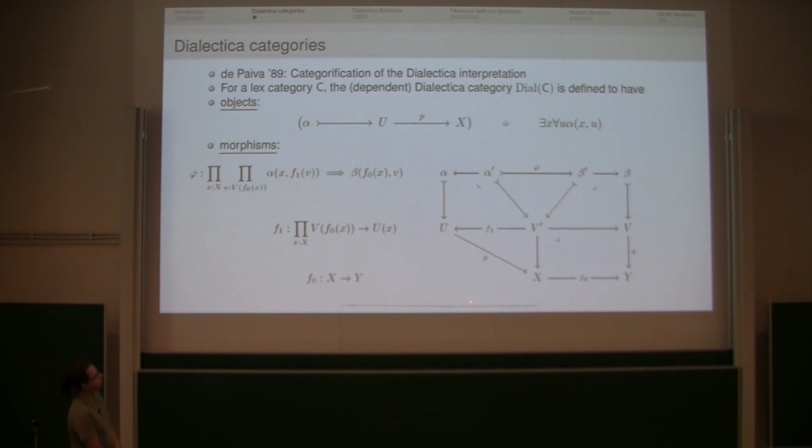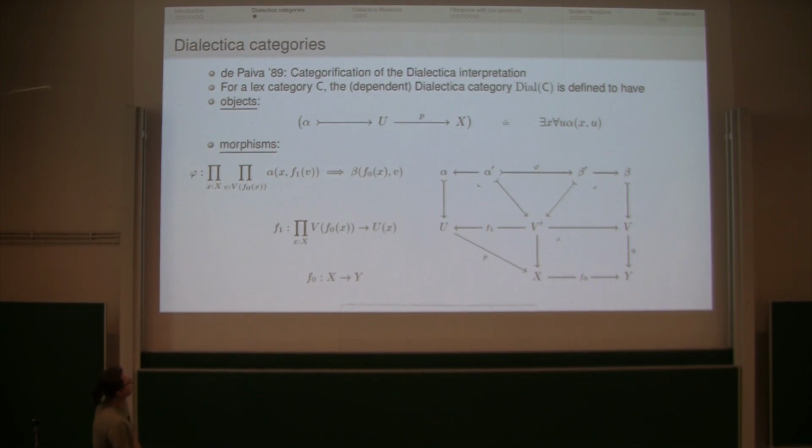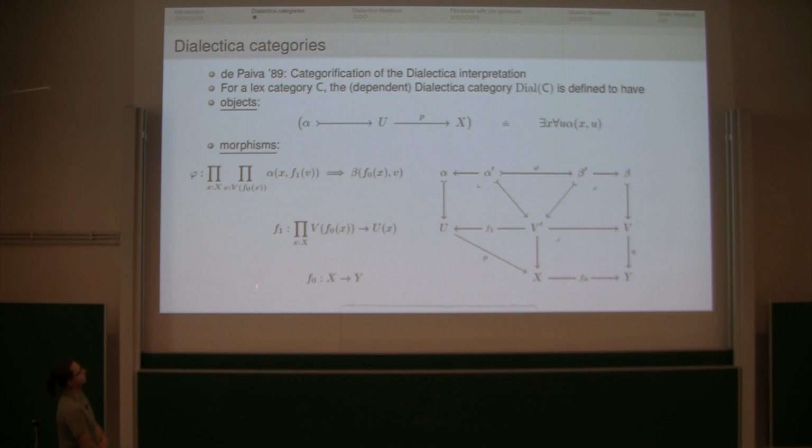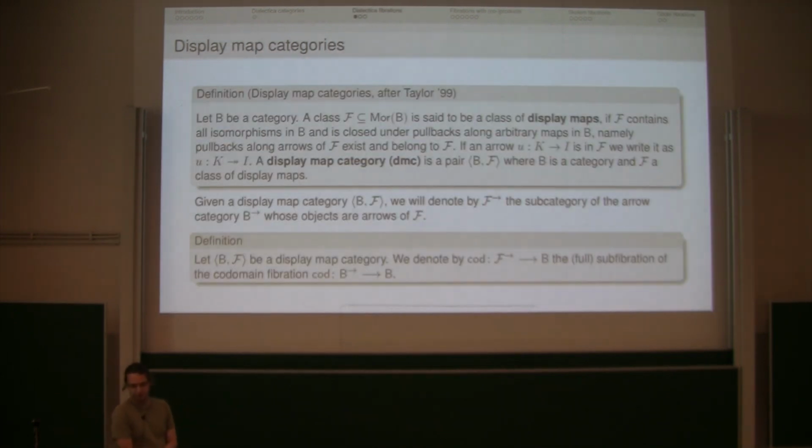We have some forward part going between the bases in the expected forward direction, but then we have this backward part here, going from a re-indexing of V over here to U. And then we have a certain implication, and this implication makes use of these forward and backward functions downstairs, and it's exactly modeled according to the interpretation of the implication in the original dialectica translation.